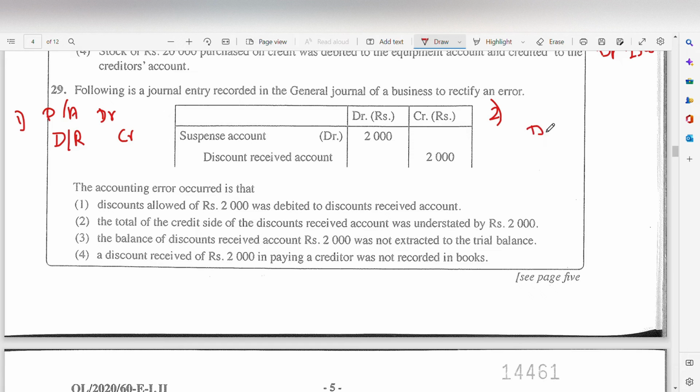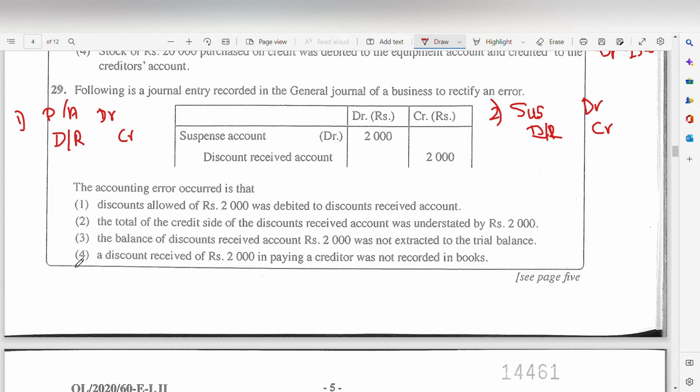So discount received account credit by rupees 2000, and now where do you debit? Because only one side of the account is understated, it will definitely create an imbalance, which means you would have definitely opened up a suspense account. So you need to debit your suspense account. So looks like second one is the answer.